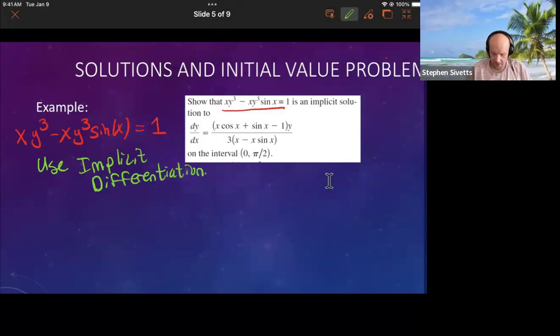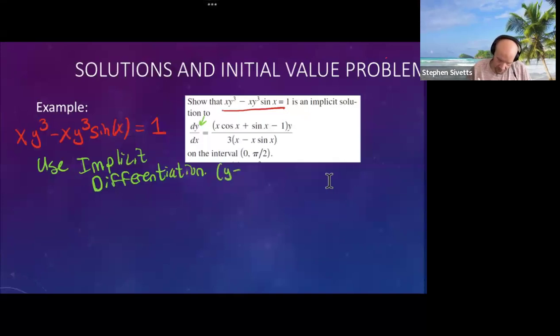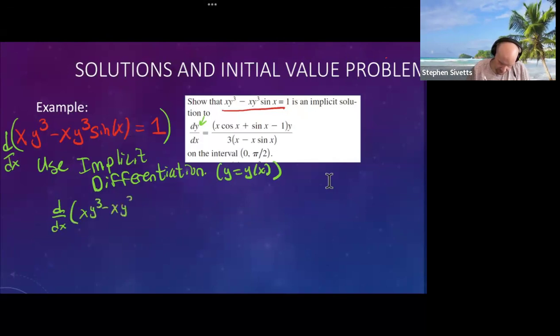Because remember, y is a function of x, right? When we're differentiating y with respect to x, we're saying that y is a function of x. So y is now a function in x. So if we differentiate both sides with respect to x, right? So we'll have d dx of x y cubed minus x y cubed times sine x equals, well, the derivative of 1 is 0, right? So it's 0, okay?